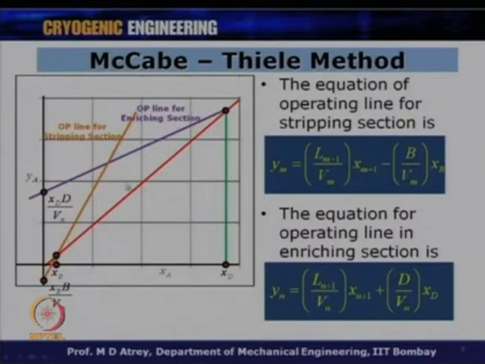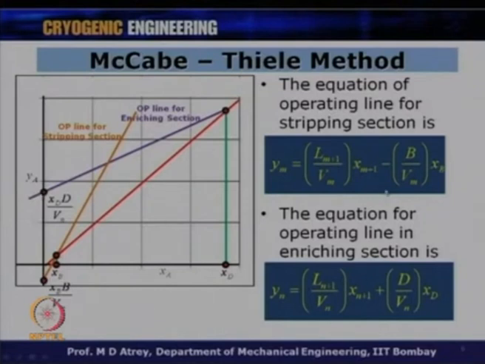Also to be seen from this is that Lm plus 1 by Vm is the slope of this line, while Ln plus 1 by Vn is the slope of the operating line for the enriching section. So, these equations give the slopes of the two lines, and they also give you the y intercept. That means, where these lines intersect the y axis.